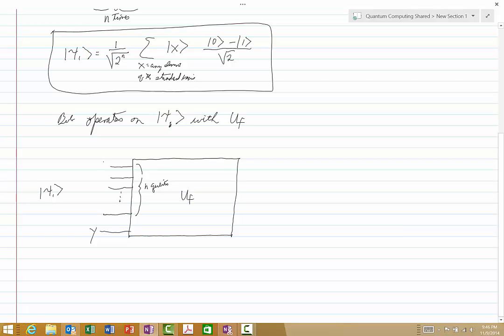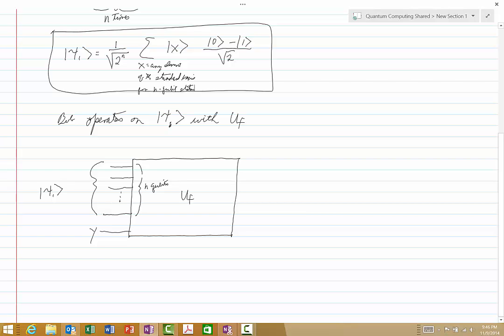And so the first n qubits, you need to remember again that x is any element of the standard basis for n qubit states. So x has n qubits, and 1 qubit will be entering into each one of these lines.